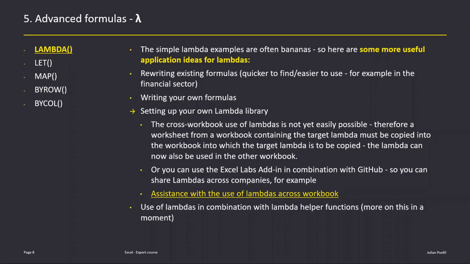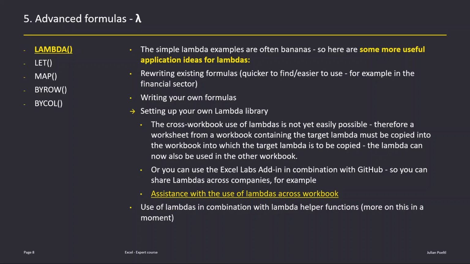And you can use them across several workbooks. It isn't that easily possible. You need to copy a worksheet from a workbook which contains a lambda to the workbook where you want to have this new lambda, or you could use the Excel Labs add-in in combination with GitHub.